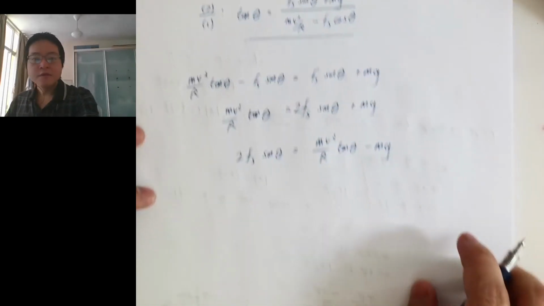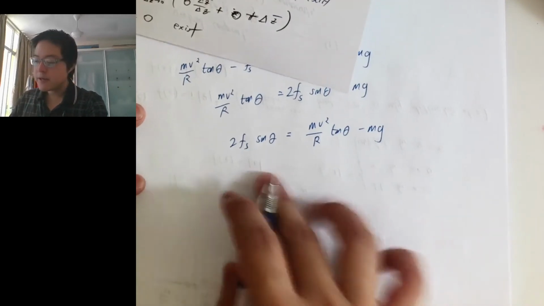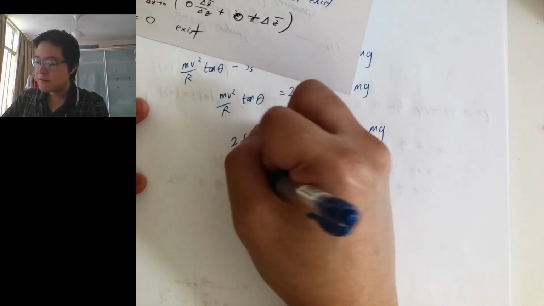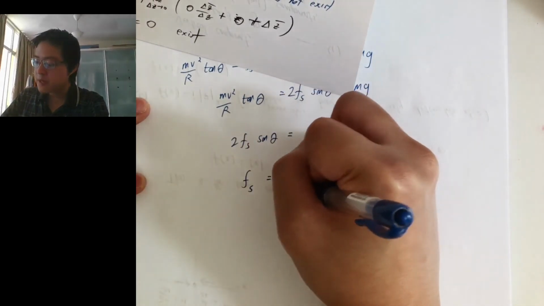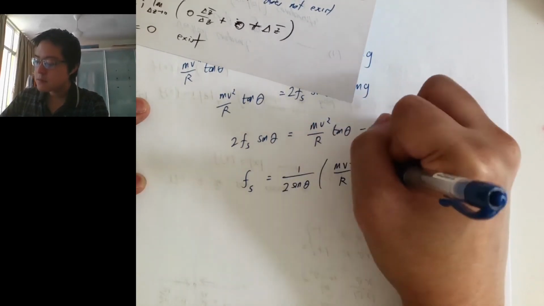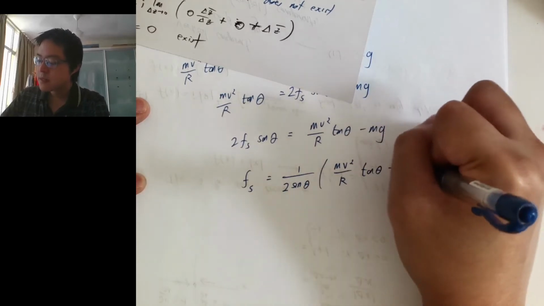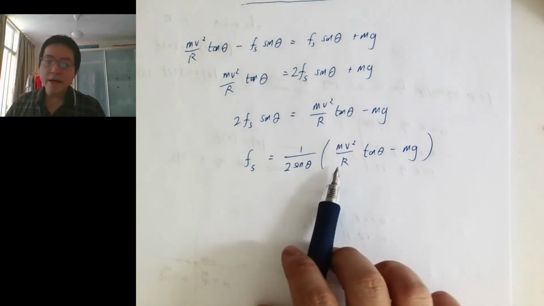Okay, so from here we can see that my static friction, right, is automatically obeying this formula, the magnitude at least, minus mg. Okay, so from here now I can derive two conditions.